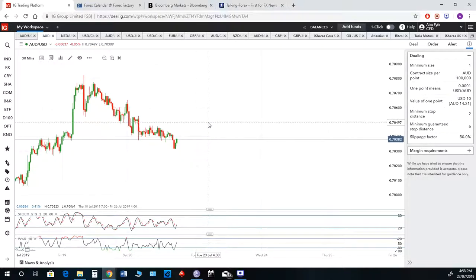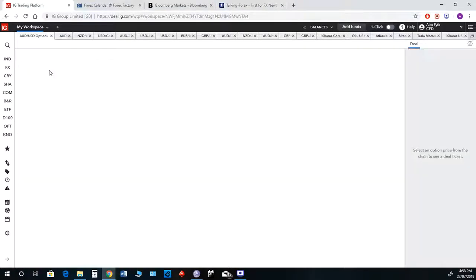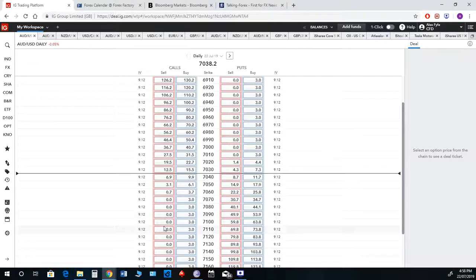So if it doesn't go above the price there, you would make money. You'd make yourself $300 based on that. Now, the idea is you can also do the same on the low end. It's only $140.